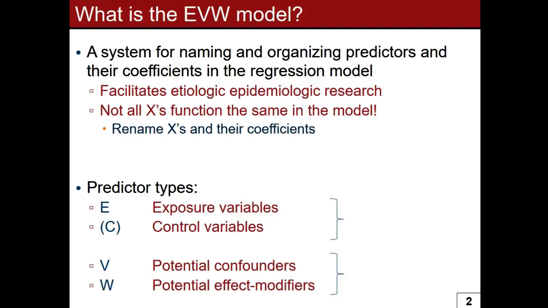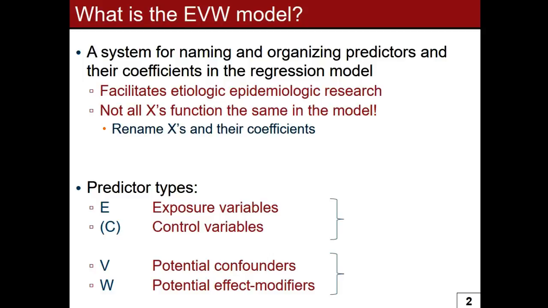If you have a logistic model with 15 beta times X's, you're going to intuitively start treating the variables very similarly, even though you shouldn't analytically. The exposure variables and their outputs, the estimates and the standard errors, should be interpreted and used differently than the confounder variables.